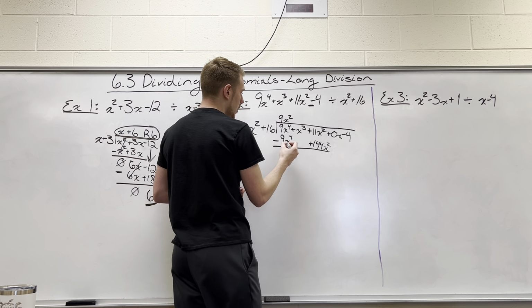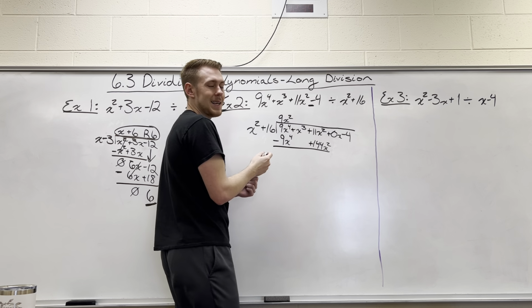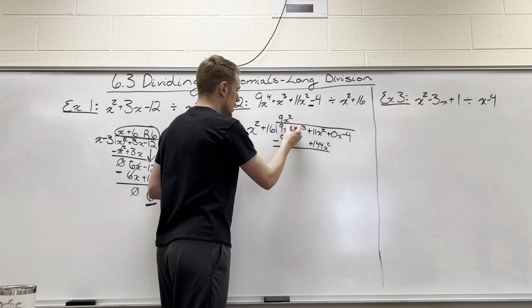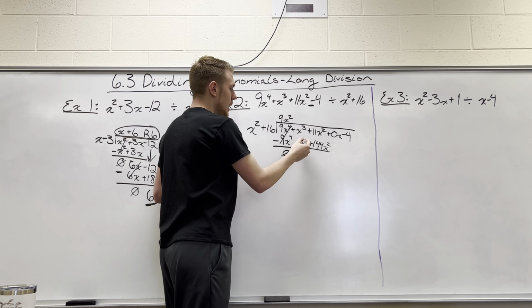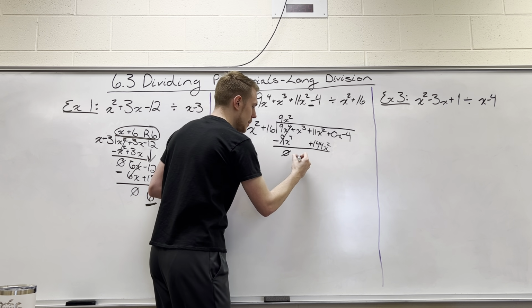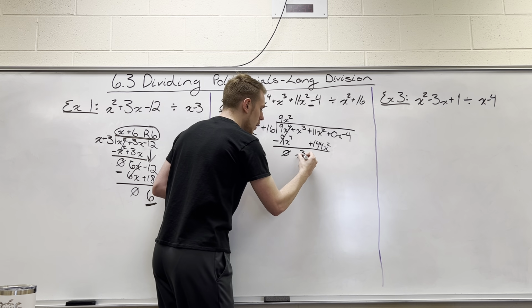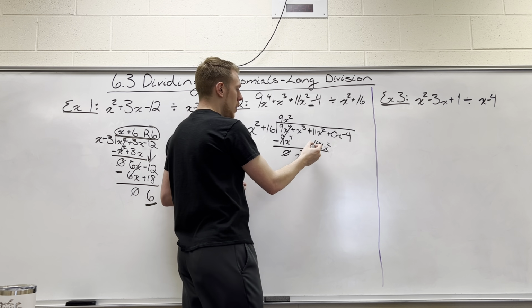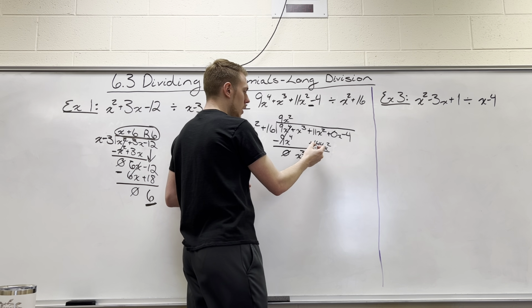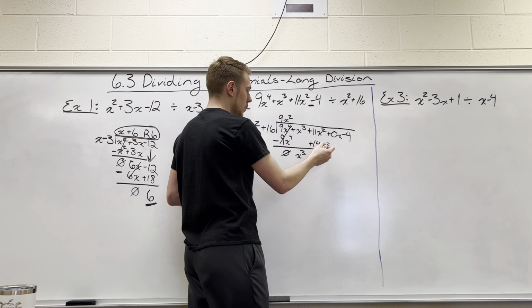So when I do the math, 9x to the 4th minus 9x to the 4th washes out to 0. x cubed minus 0 just comes out to x cubed. 11x squared minus 144x squared.